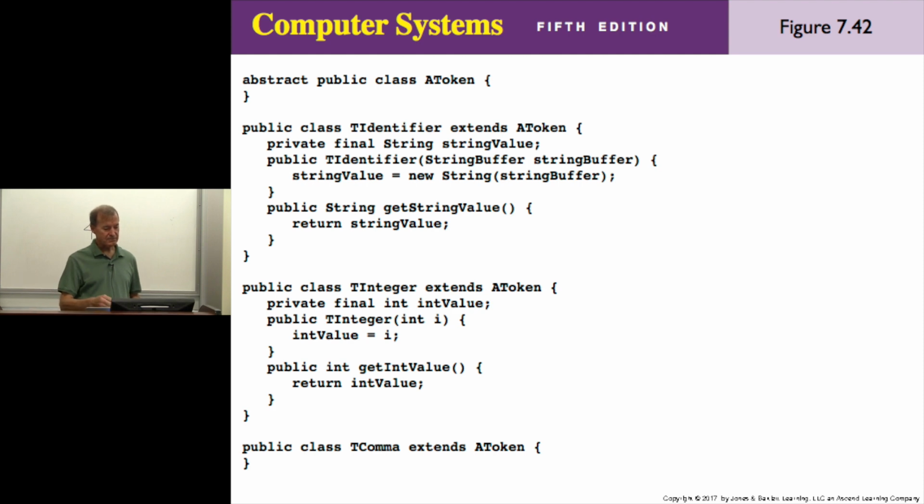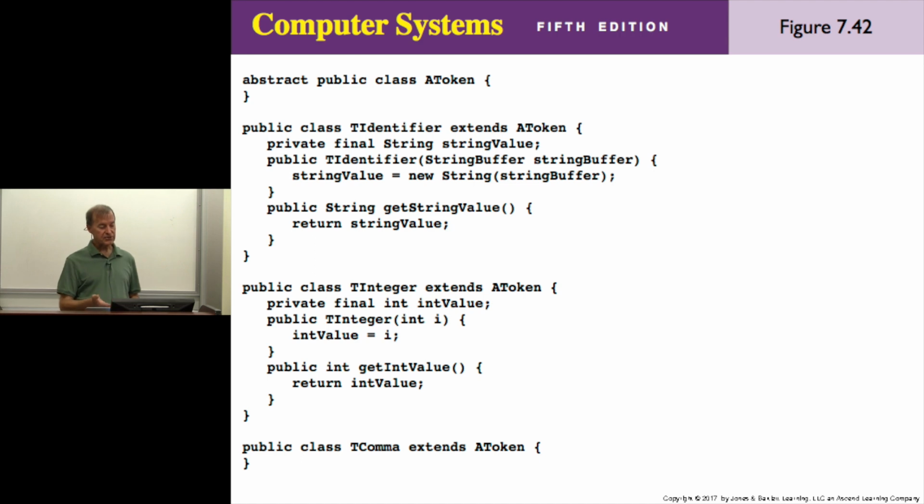Maybe one thing that we should look at here is going to come into play in a minute. Let's take a look at public class TIdentifier extends Token. First of all, its attribute is public final String stringValue. So stringValue is the attribute of that identifier, right?